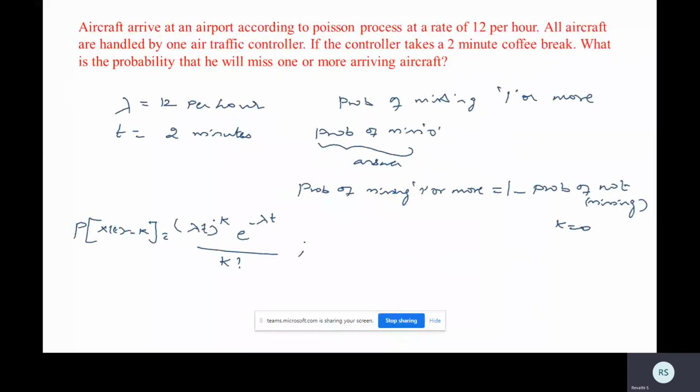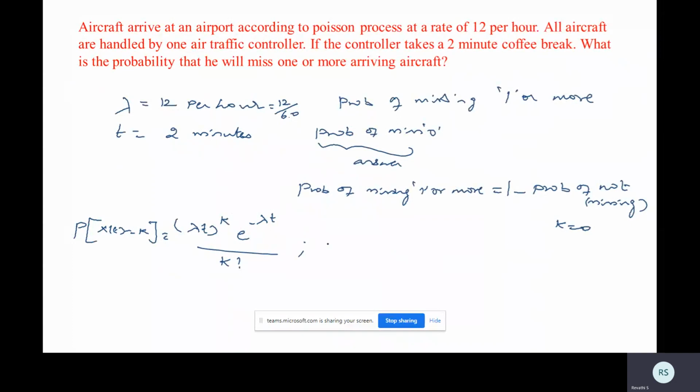Now what is lambda? Lambda is 12 per hour, given. T is 2 minutes, given. Whenever you are substituting, substitute such that lambda and t take the same unit. Here one is given in hours, the other in minutes, so you can convert either one. Let us convert to minutes: 12 by 60, since 1 hour has 60 minutes, and t equal to 2.